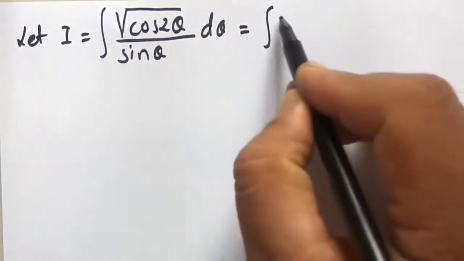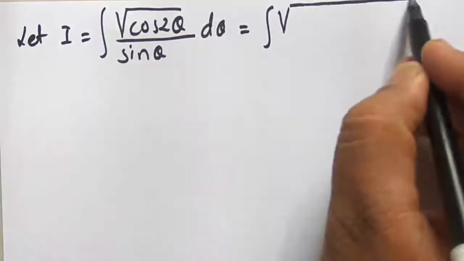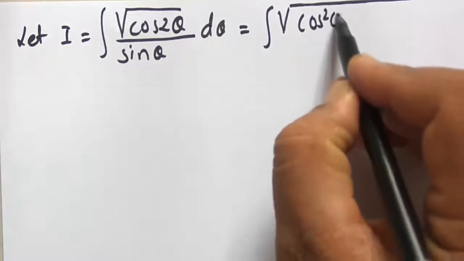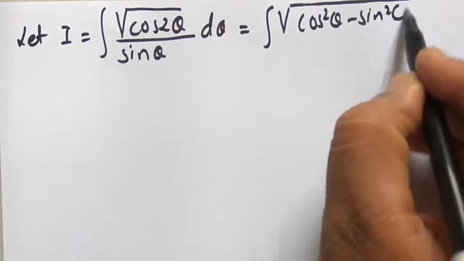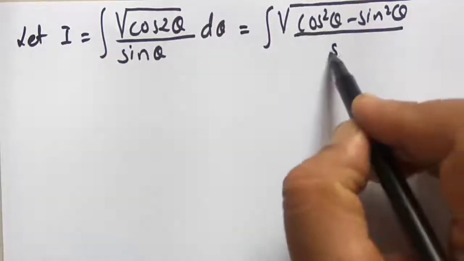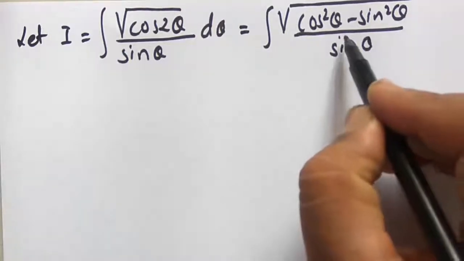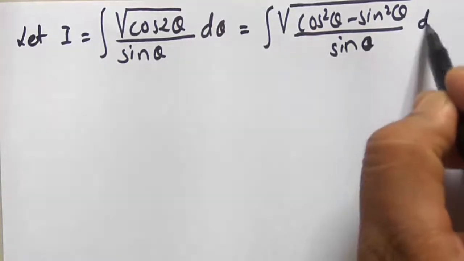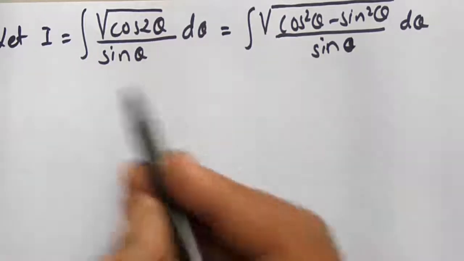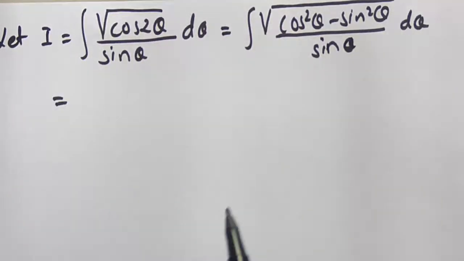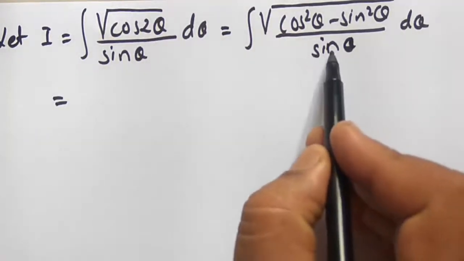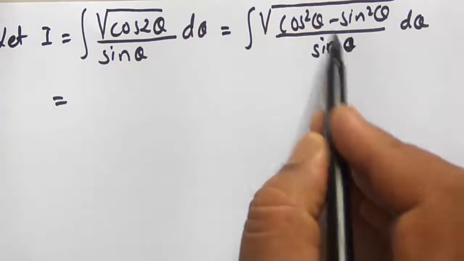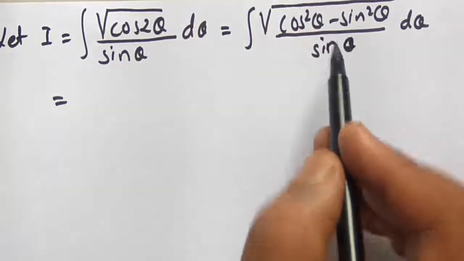So the integration of under root cos square theta minus sin square theta upon sin theta d theta is equal to, if you take sin theta inside the radical sign, it becomes square.